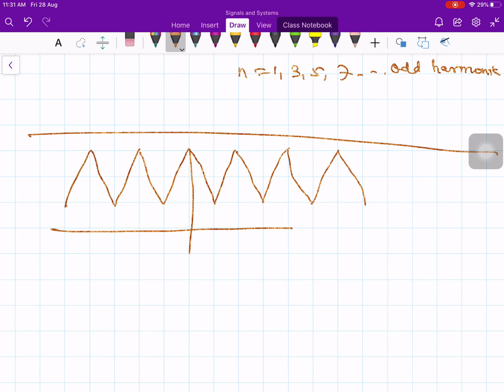Okay, so if I draw a parallel line here, parallel to the x-axis, this is the time axis, and subtract this value, then you get this waveform like this.